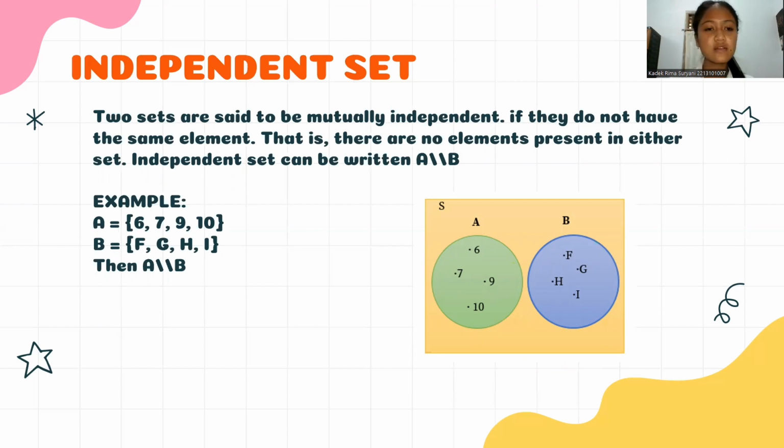Disjoint sets can be written, on the slide, as A disjoint B. For example, set A is equal to curly braces 6, 7, 9, and 8, and set B is equal to curly braces F, H, I, G. Because these sets do not have the same element, set A and B are disjoint.